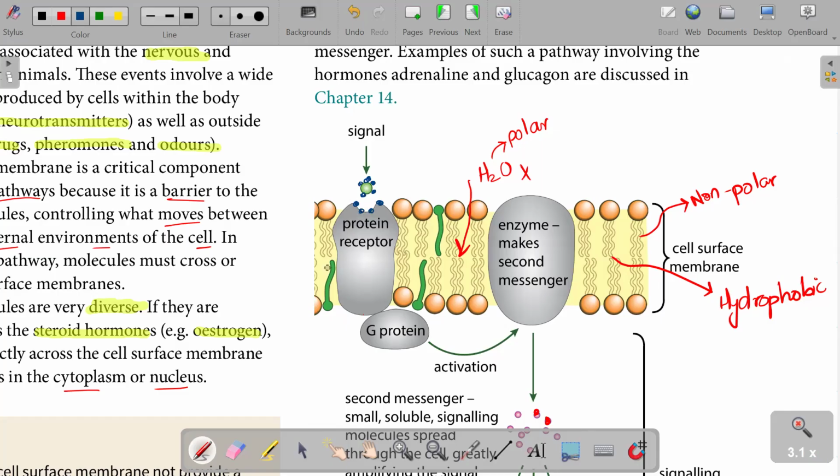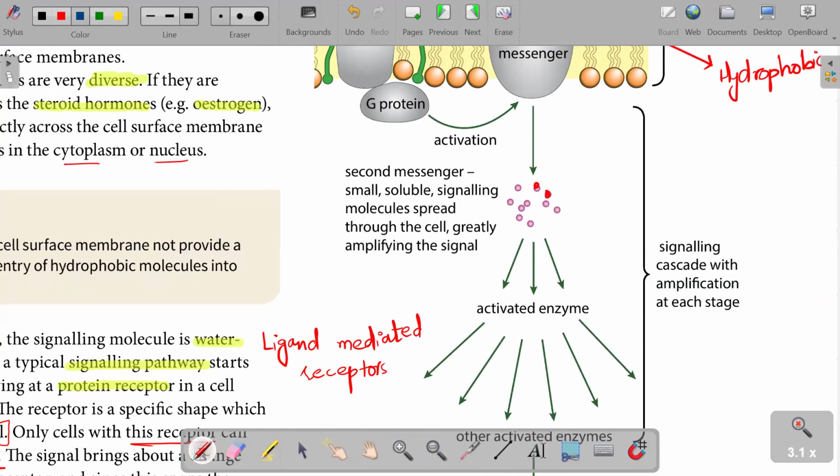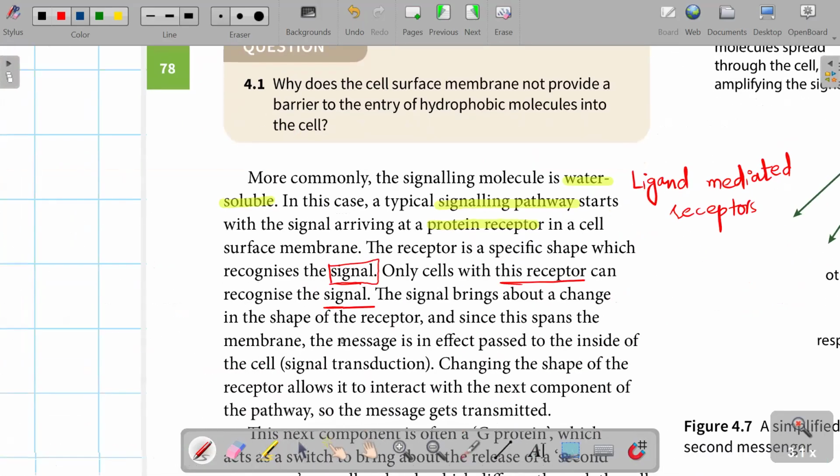So that's why the protein will detect it. Read this again: the receptor has a specific shape which recognizes the signal. How will it recognize? The shape is complementary to the signal. Only a cell with this receptor can recognize the signal. It's just like enzyme substrate complexes, and it molds its shape according to the incoming signal.